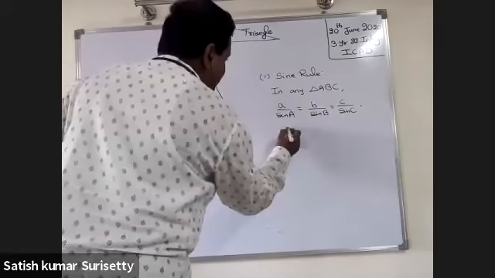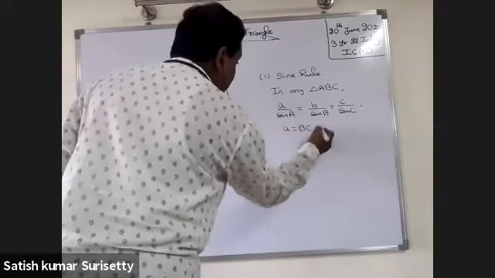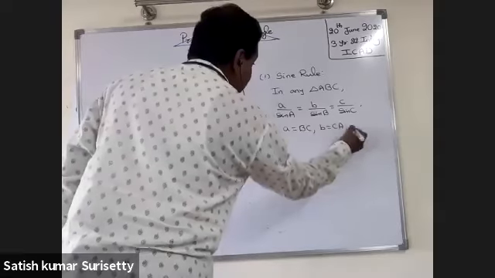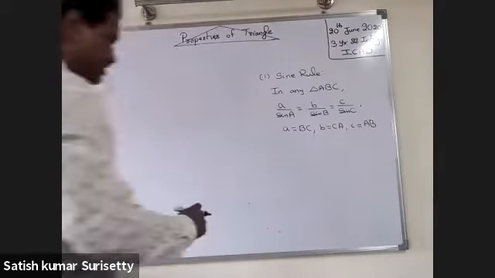That is a equal to BC, b equal to CA, and c equal to AB, which are the usual notation.